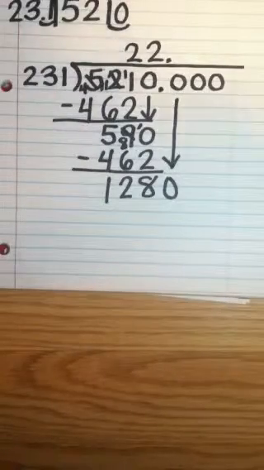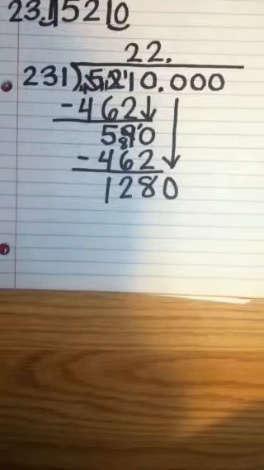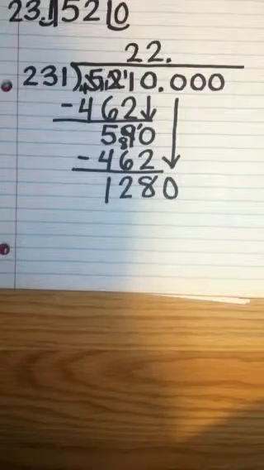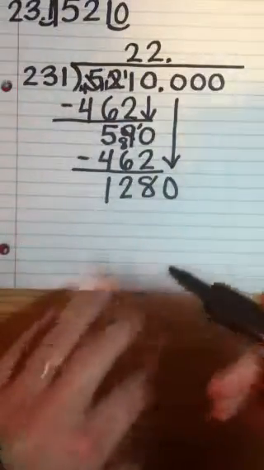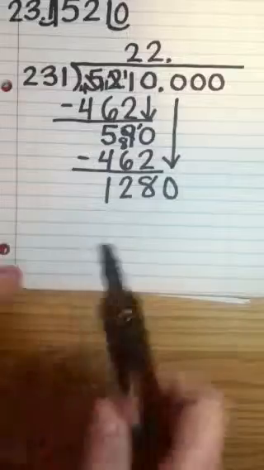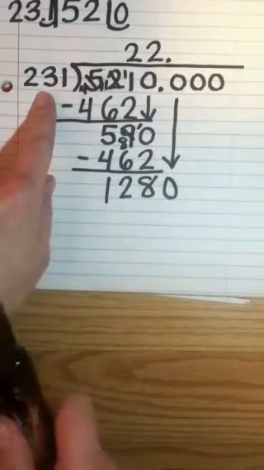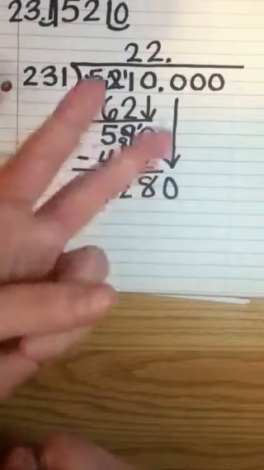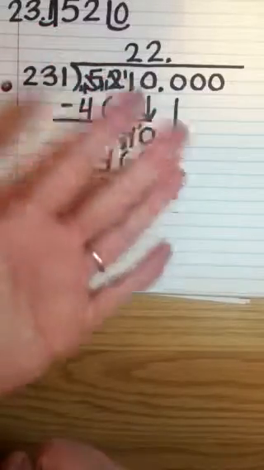231 goes into 1,280 5 times, and I can kind of estimate that. I can say, well, this is close to 250, and so 250, 500, 750, 1,000, 1,250.